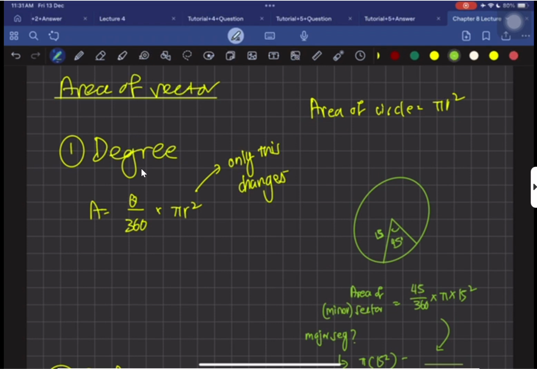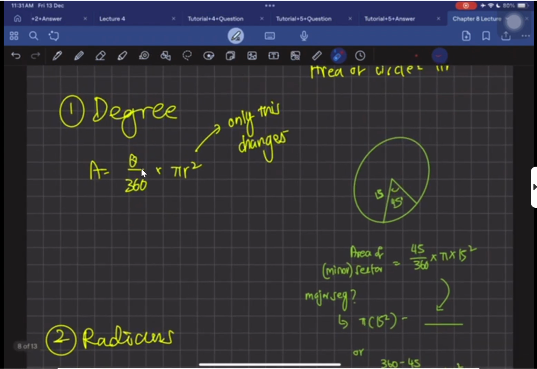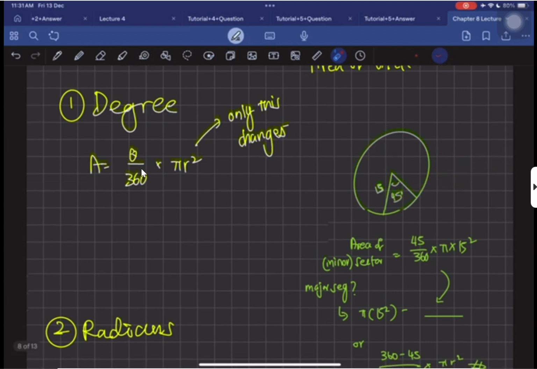So for that, you need to know the formula for area of a circle, which is pi r square. So this is a minor arc, minor sector. If you want to find out this area, it is the ratio of this angle to the entire circle. So it's the same concept.